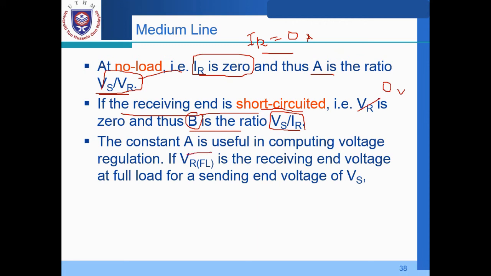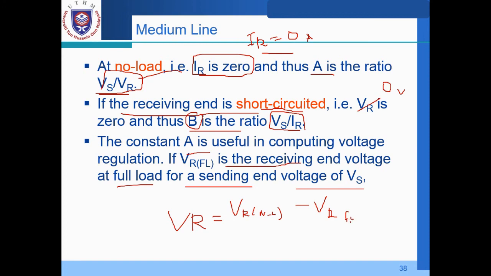Constant A is useful. Why? In computing voltage regulation, if VR full load is the receiving end voltage at full load for a sending end voltage VS, then the voltage regulation equals VR no load minus VR full load over VR full load, times 100%.